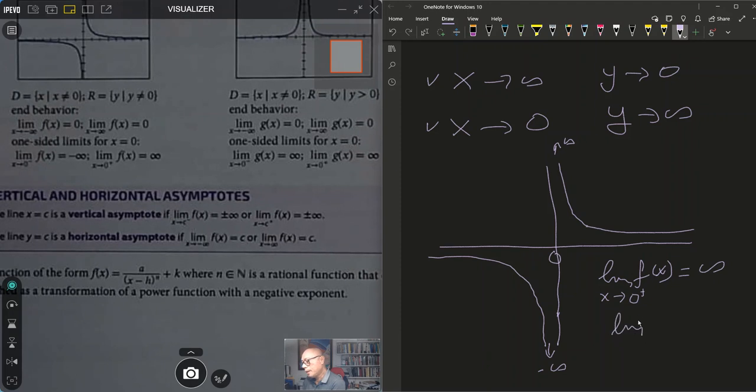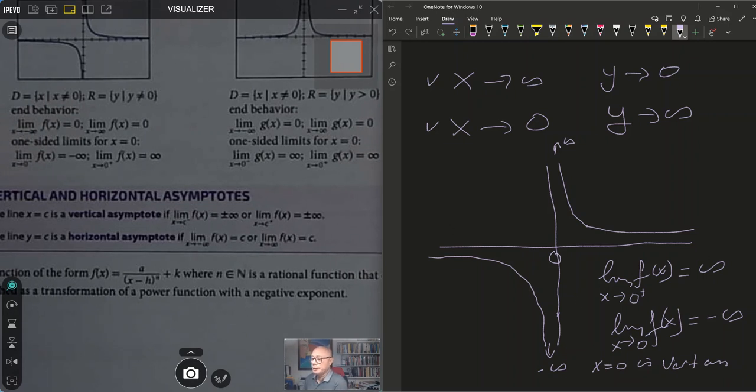And when x goes to 0 from the negative side, the value of f(x) is negative infinite. So x equals 0 is a vertical asymptote. Okay, x equals 0.